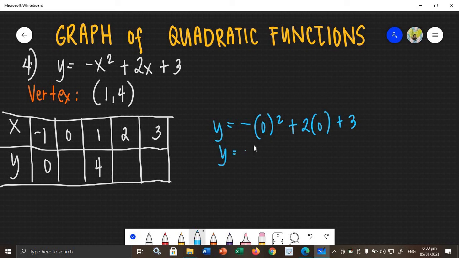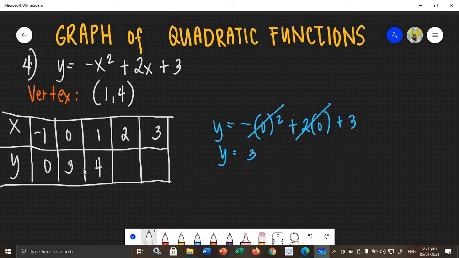So, this is negative 0, or this can be cancelled already. There is no negative 0, right? And 2 times 0 is also 0. So 0 plus 3, what remains is 3. So therefore, the y-coordinate in this example is 3. And then, this is your vertex, right?